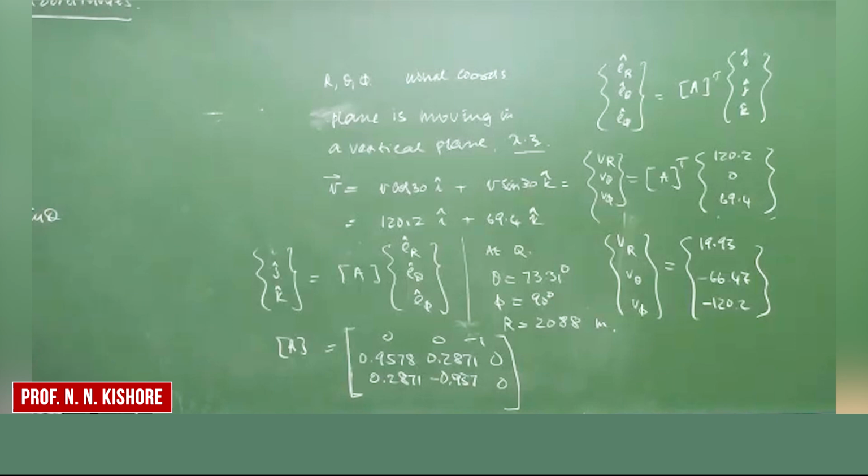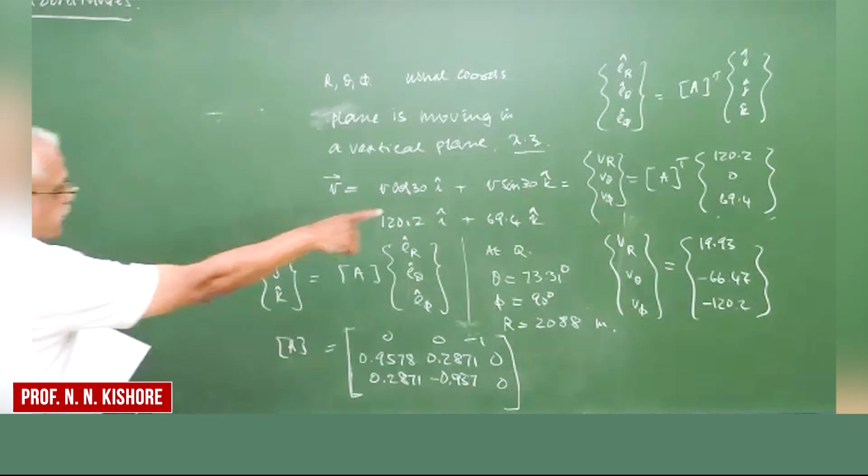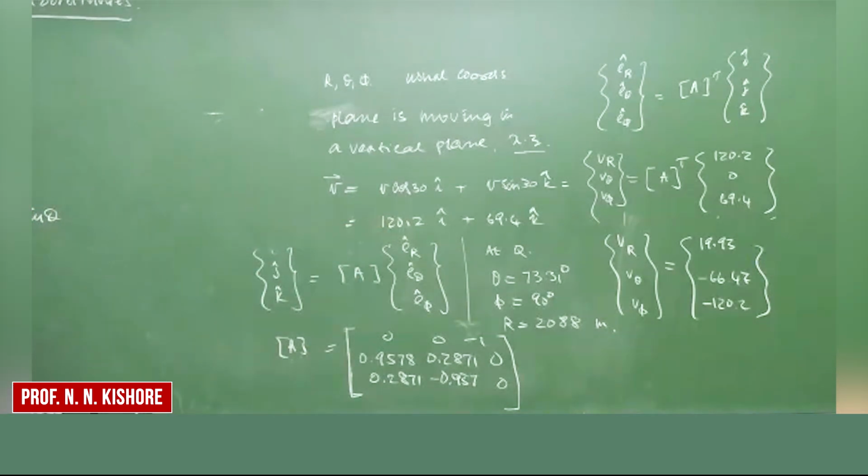So using those magnitudes and these expressions, we get r dot as 19.93 and theta dot as 0.3644.